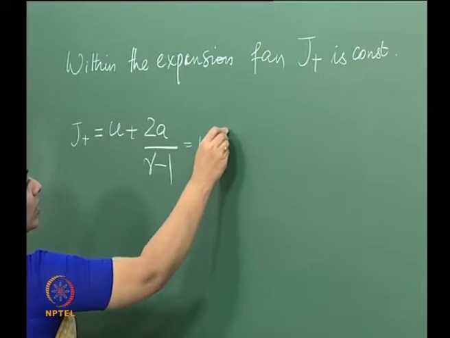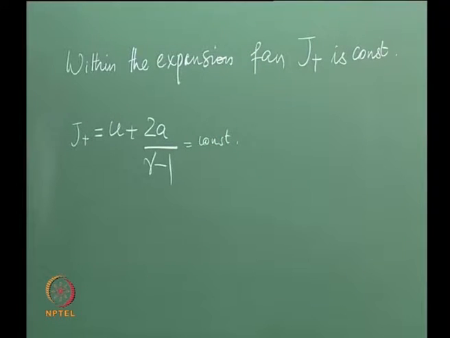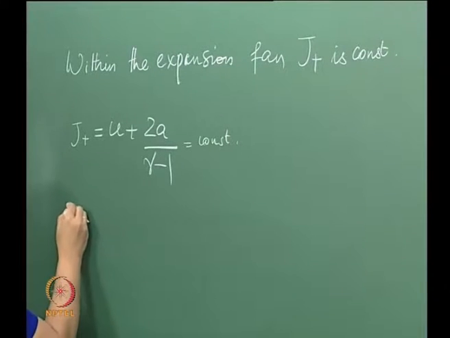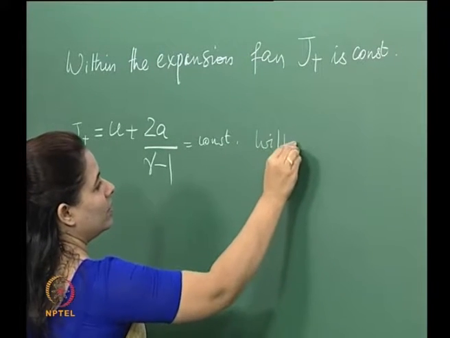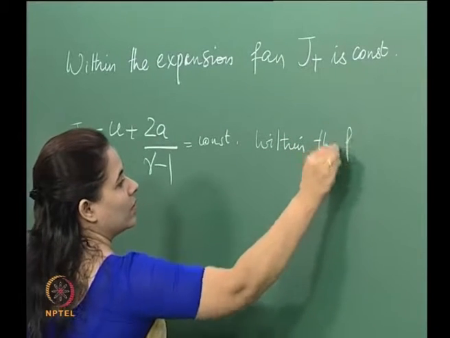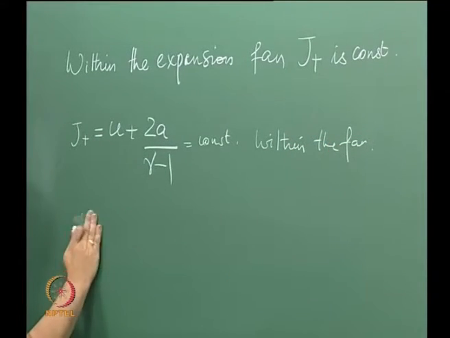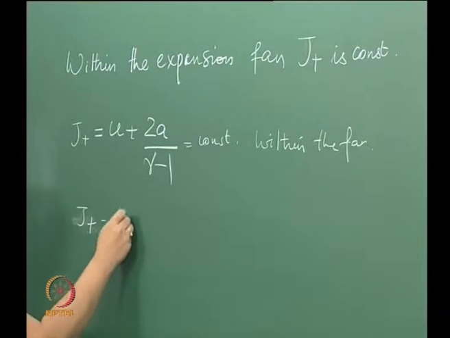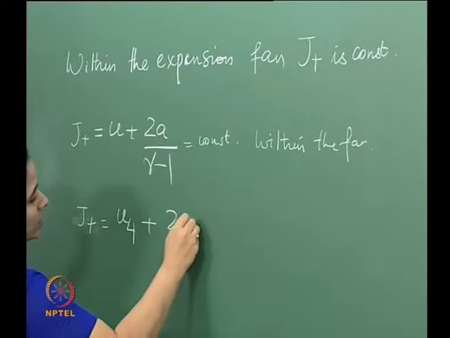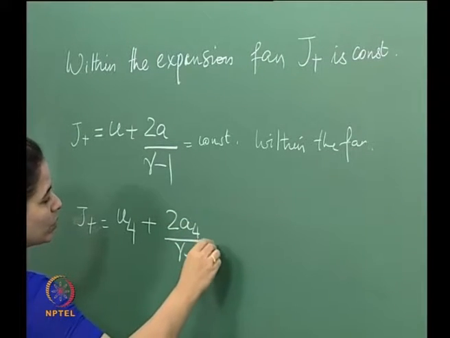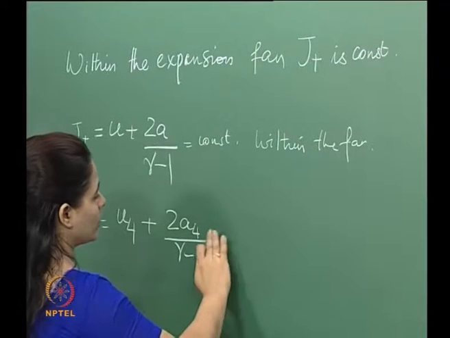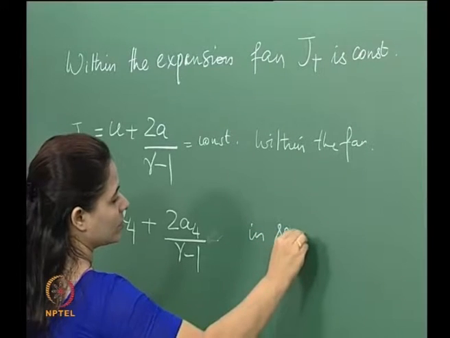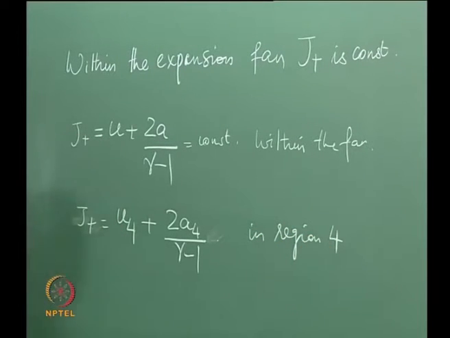This is a constant, and if I apply J plus to region 4, then J plus is u4 plus 2a4 by gamma minus 1, in region 4.